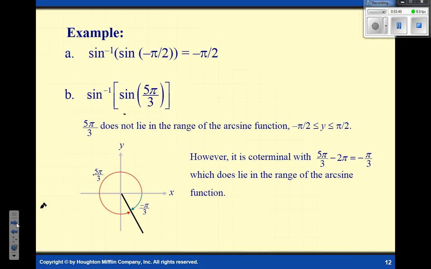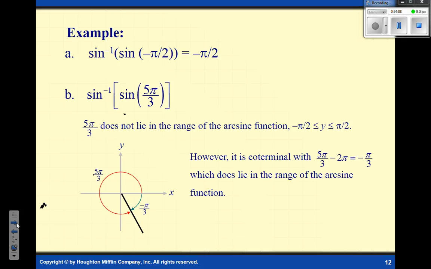Where is 5 pi over 3? Give me the degree of 5 pi over 3. Anything over 3 is a 60-degree angle. 300. Okay. 5 pi over 3 is 300 degrees.